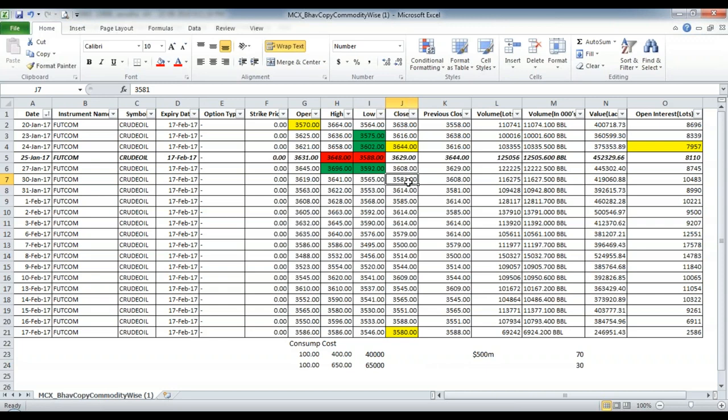The closing is 3581, which is lower than 3592. So it is telling us that it has also gotten into a trend now. Now, what should happen? What comes to your mind? It should start falling, right?